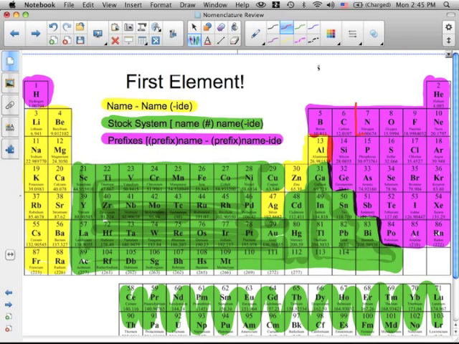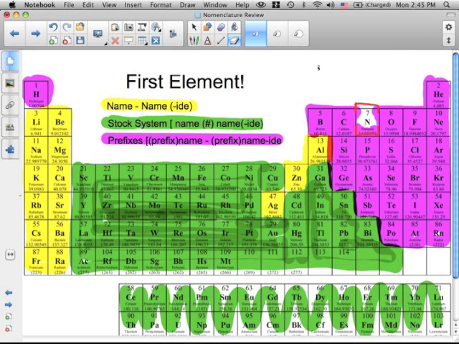I will warn you, look out for nitrogen. Be careful of nitrogen. He's kind of a tricky booger. Nitrogen is part of the polyatomic ion ammonium, NH4. If the first element in your compound starts with nitrogen, because it's part of ammonium, you will name it according to the yellow method.